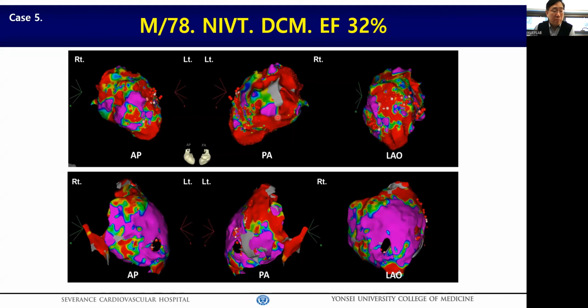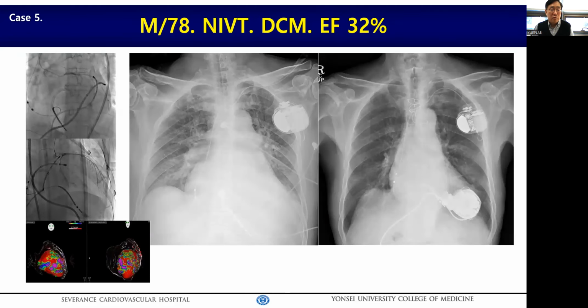Therefore, I kept following the change in VT morphology and ablated extensively, including epicardial. Finally, we finished the case after confirming no more induction of ventricular tachycardia. The patient recovered in the CCU after the procedure. However, his heart failure was decompensated after extensive ablation. So, we eventually implanted LVAD 3 months after.